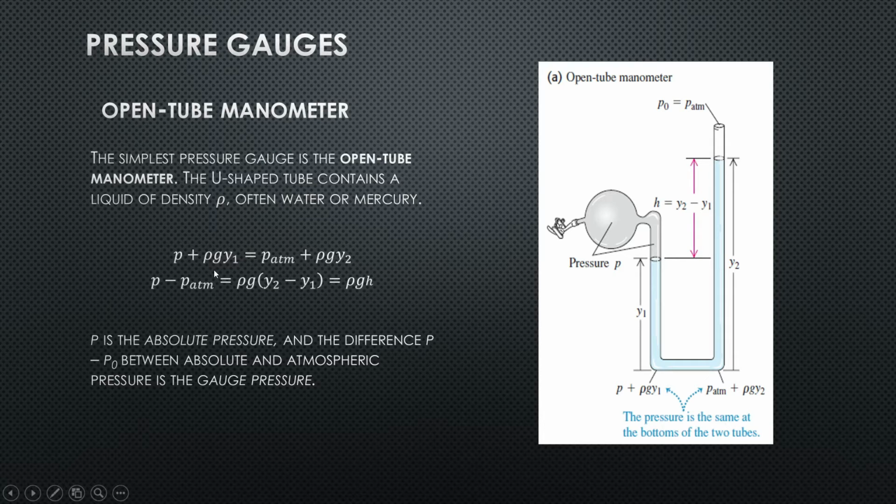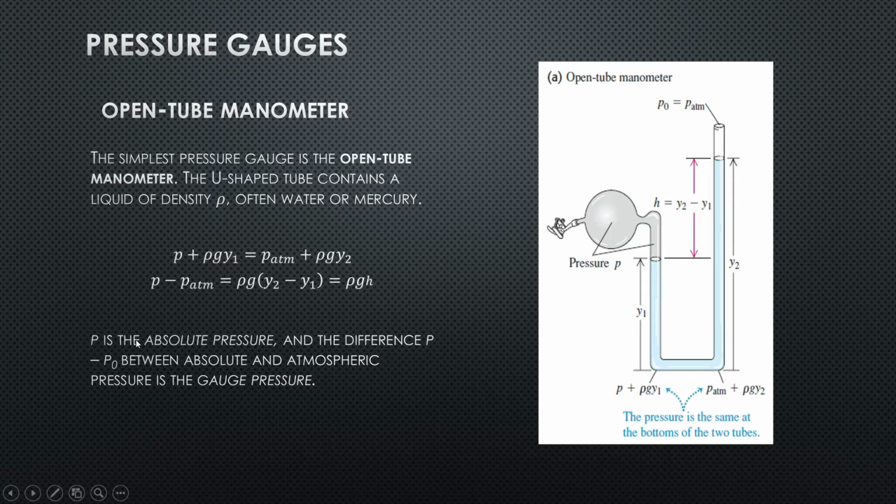Simplifying this equation, absolute pressure minus atmospheric pressure will be equal to the difference of the two gauge pressures, or simply the gauge pressure.